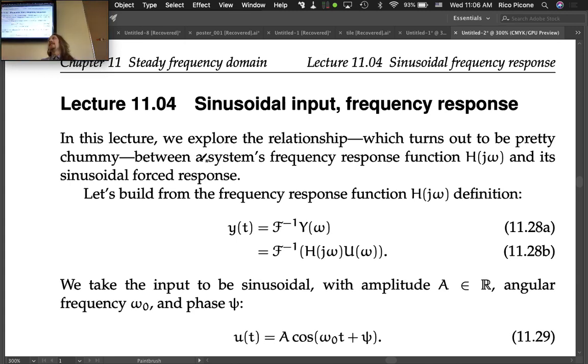Chapter 11. We've been continuing to talk about the frequency domain, especially the steady state version of it, and this is when we get to maybe the payoff pitch for our frequency response function. Okay, so lecture 11.4, sinusoidal input, frequency response.